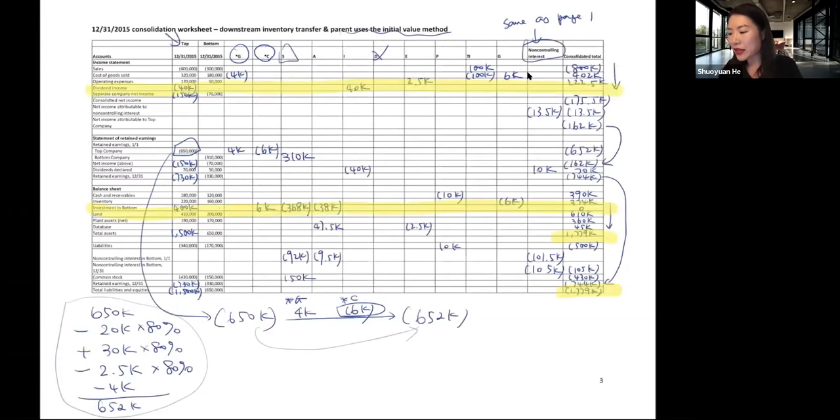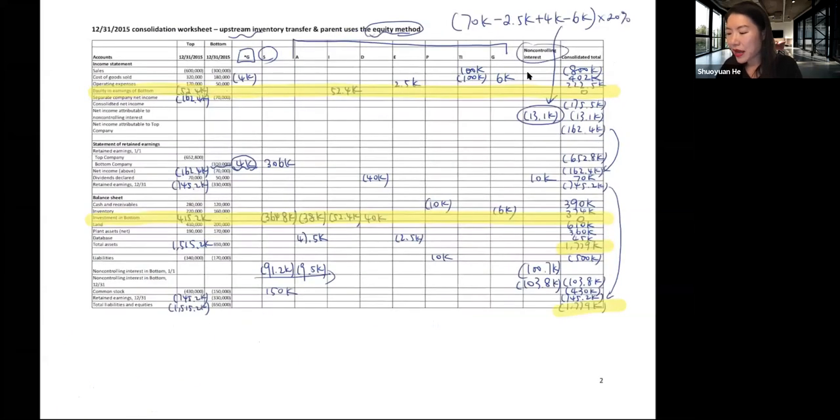And one thing to pay attention to here is it is still an upstream transfer. And what the parent's beginning retained earnings should be if it has been using the equity method is 652.8 thousand here, because now it is an upstream transfer. It is different.